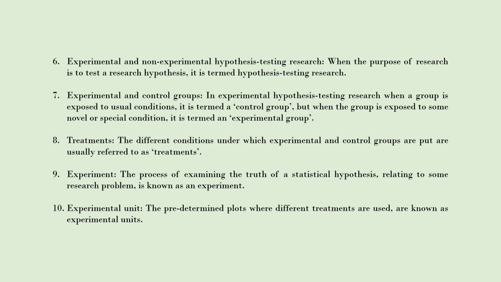So next is experiment. The process of examining the truth of the statistical hypothesis is called an experiment. For example, we can conduct an experiment to examine the usefulness of a certain newly developed drug. And the next term is experimental unit or units.